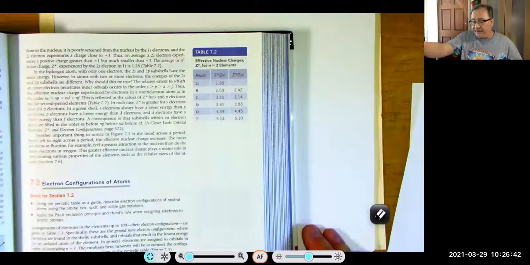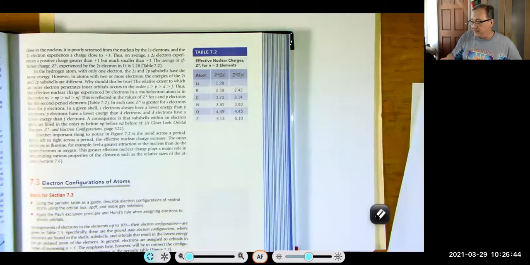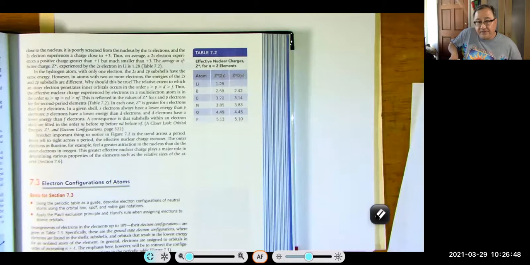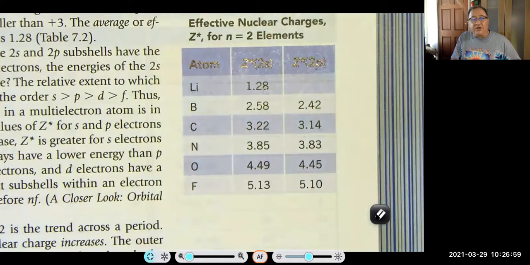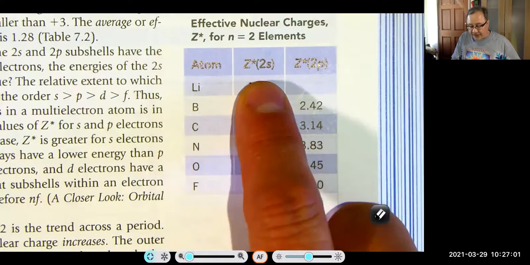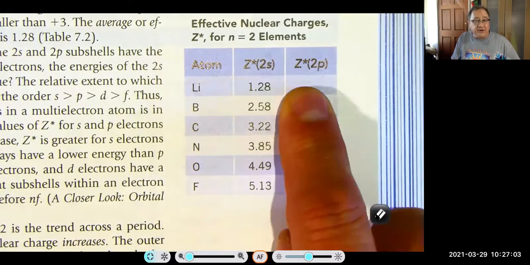So here is the table of some effective nuclear charges. You'll notice that for lithium, this is for a 2s in the second column and a 2p in the third column.